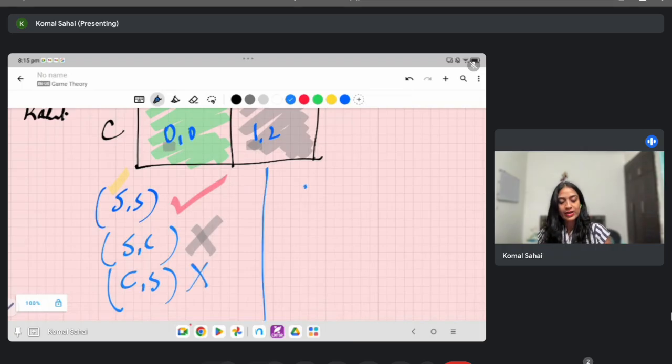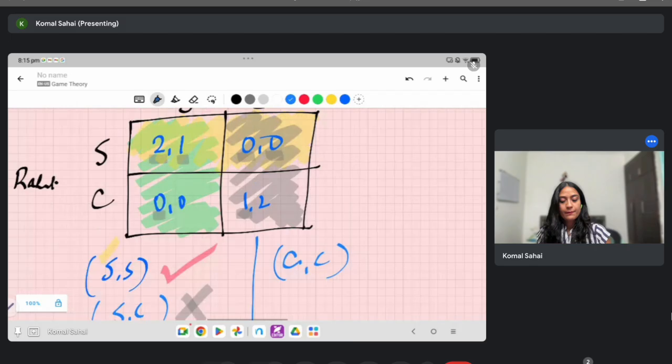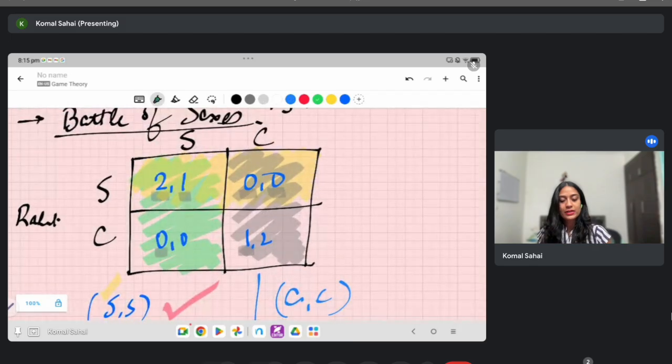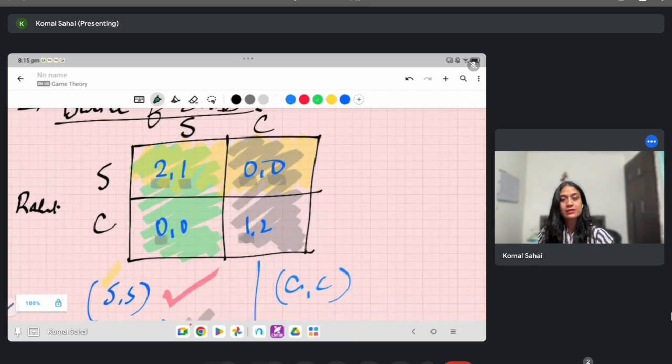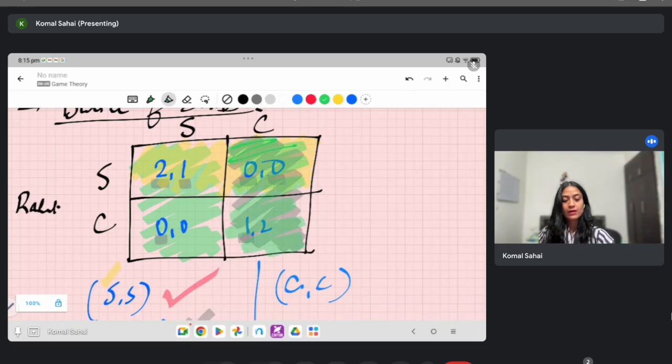And finally, let's check for C, C. So for C, C, using similar arguments that we had with S, S, right? From the perspective of player 1, if you are thinking, then when player 2 goes for C, then we are here. And in this case, if player 1 follows his equilibrium strategy, if Rahul sticks to C, okay, he is going to get 1.